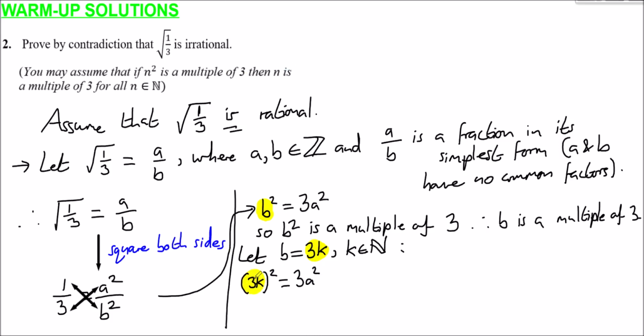So 3k all squared is 3 squared, which is 9, times k squared, so 9k squared equals 3a squared. Now if I divide both sides by 3, I get a squared equals 9k squared over 3, which is 3k squared. So now I have a squared as well is a multiple of 3.